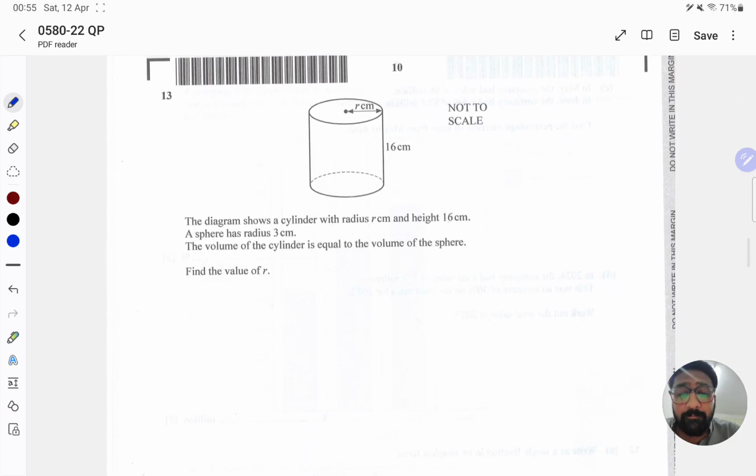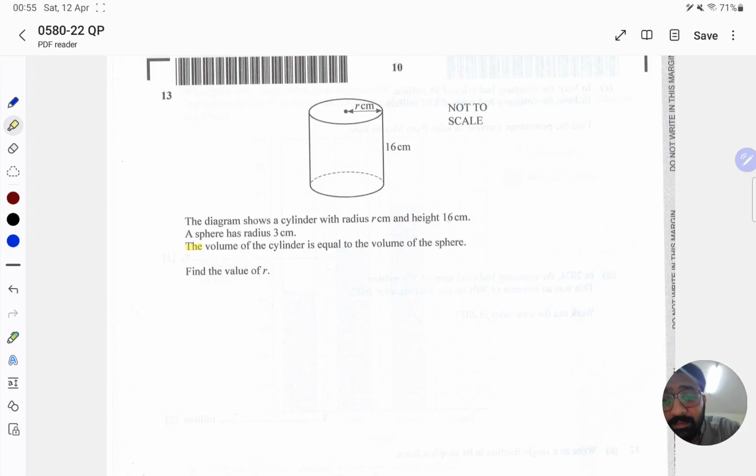Question number 13 says the diagram shows a cylinder with radius r centimeters and height 16 centimeters. A sphere has radius of 3 centimeters. Okay, it's not shown over here, but sphere is a ball-like structure. The volume of a cylinder is equal to the volume of sphere.